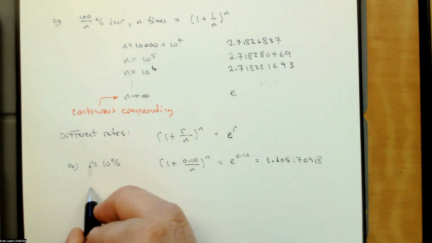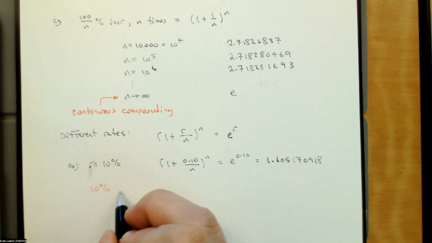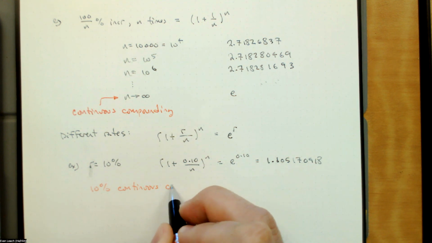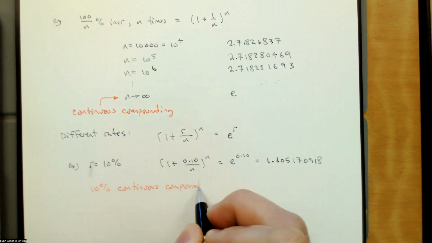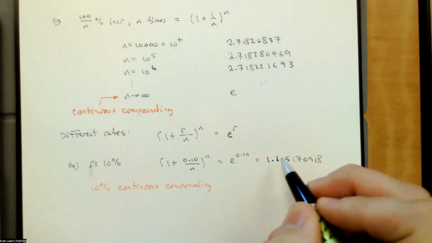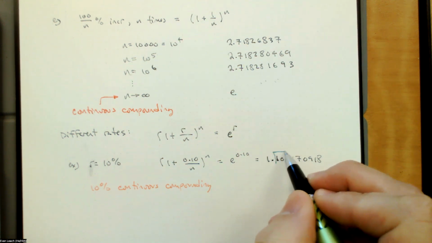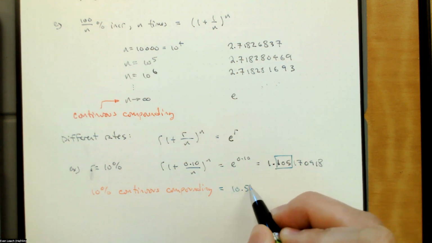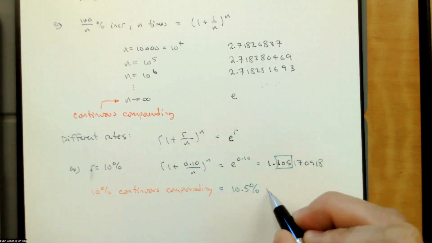So 10% continuous compounding is equal to, just grab this part right here, 10.5% increase per year.